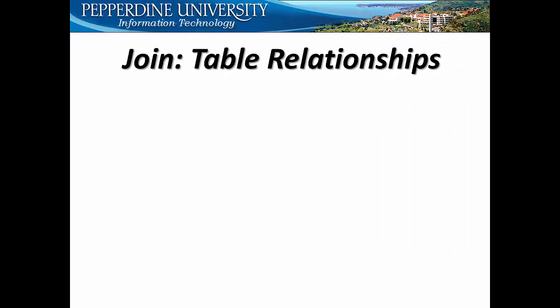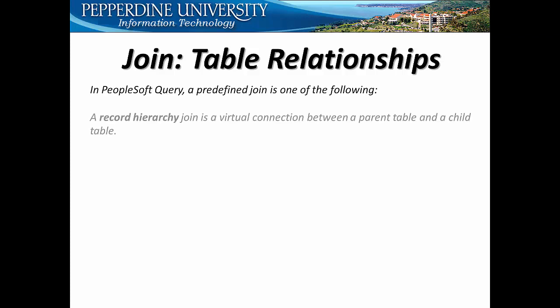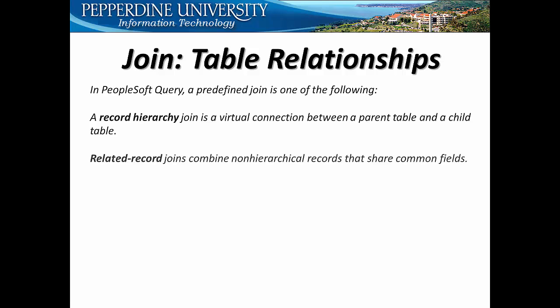An important query concept in doing a record join is the table relationships. In PeopleSoft Query, a predefined join is either a record hierarchy join, which is a virtual connection between a parent table and a child table, and is defined by the record properties and the key structure, or a record-related join, which combines non-hierarchical records that share common fields and is determined by something called a prompt table relationship.